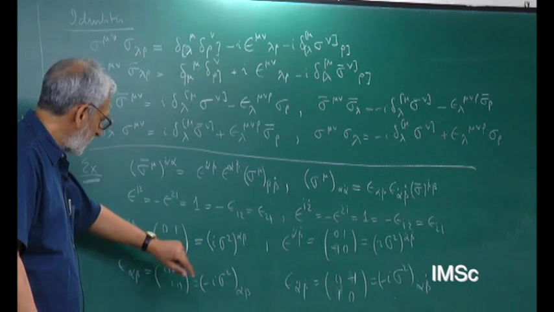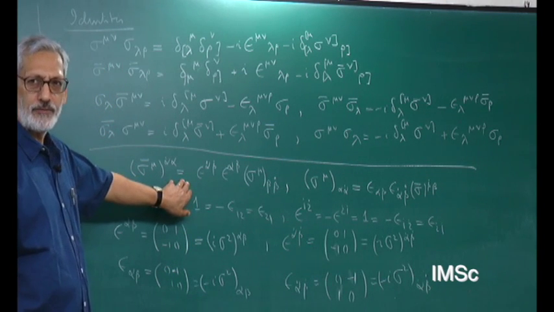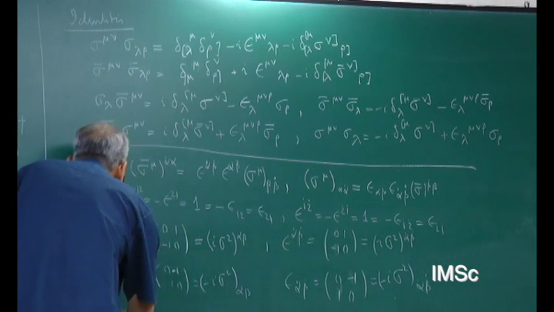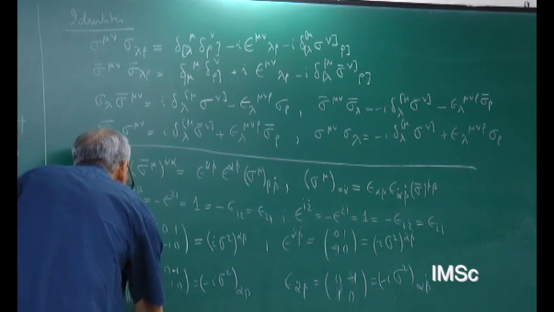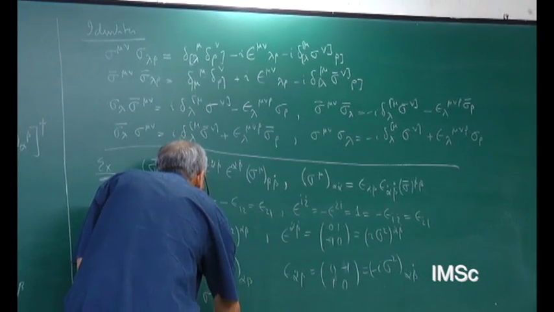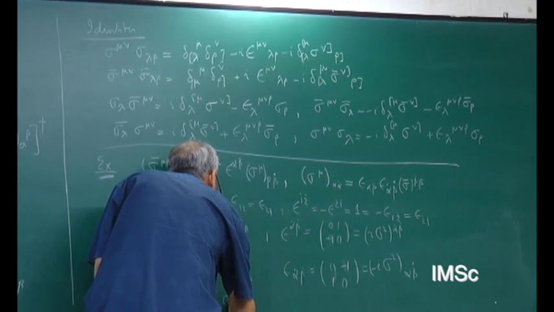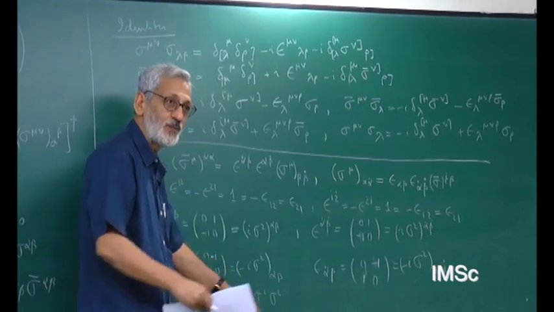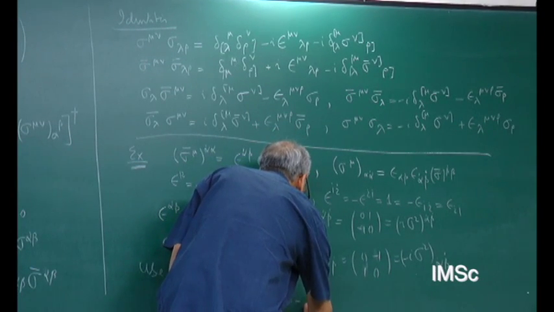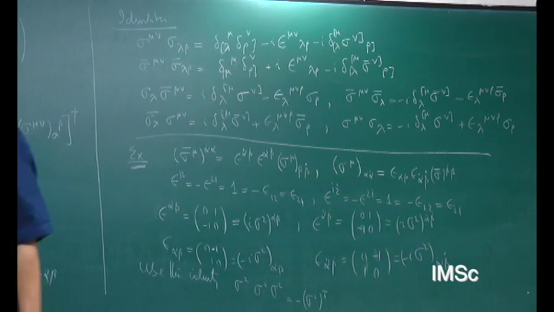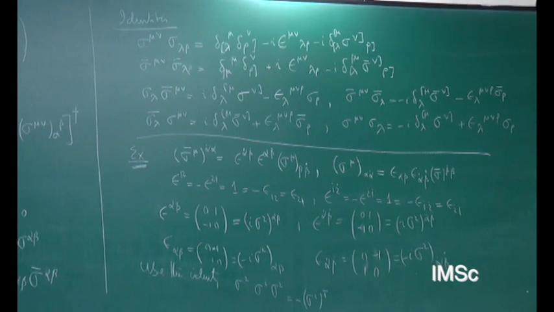And now, using these definitions, it's very straightforward to prove this. I'll give you a hint also. Use the identity that sigma 2 times any one of the three Pauli matrices 1, 2, 3 is nothing but minus that Pauli matrix transpose times sigma 2. Just check this identity first and then use it to prove the first one.